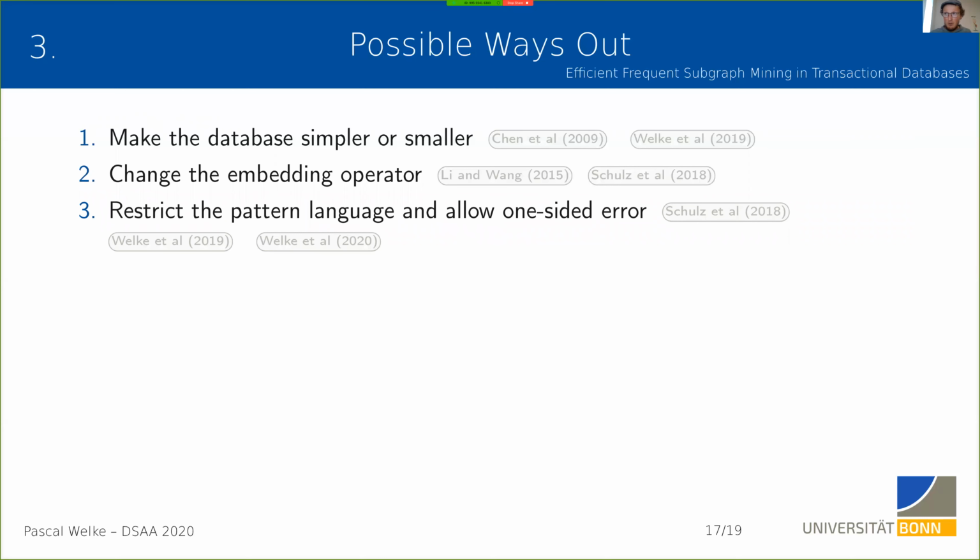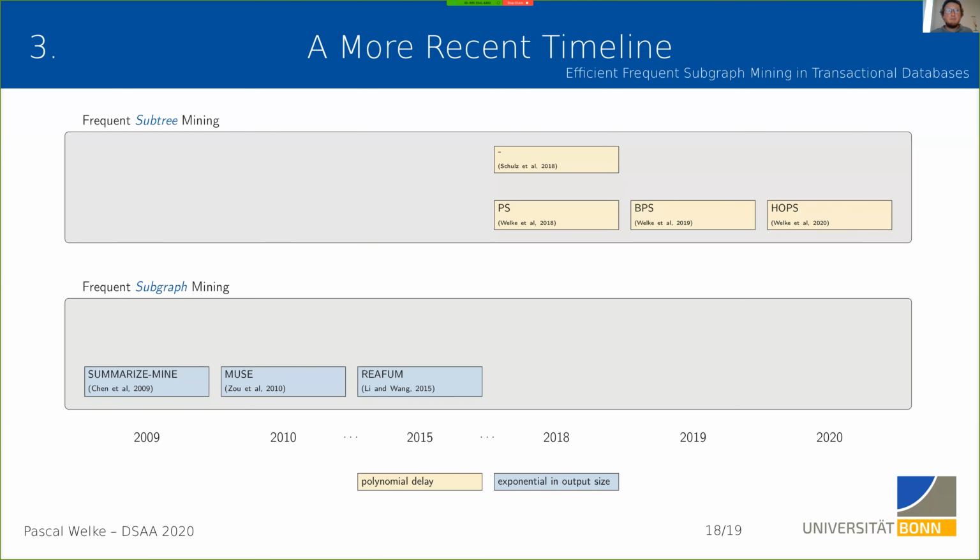And briefly looking at these, we see on the bottom from 2009 to 2020, there has been some work. For the frequent subgraph mining part of things, it doesn't look too good in the computational sense, but these methods are basically in practice working a bit better than the original algorithms on more complex data.